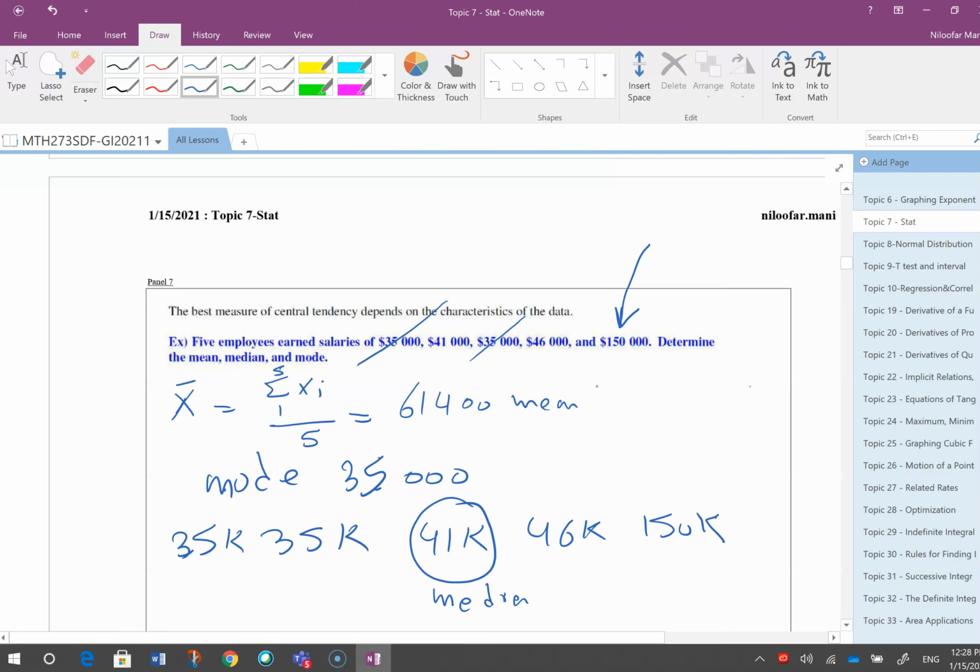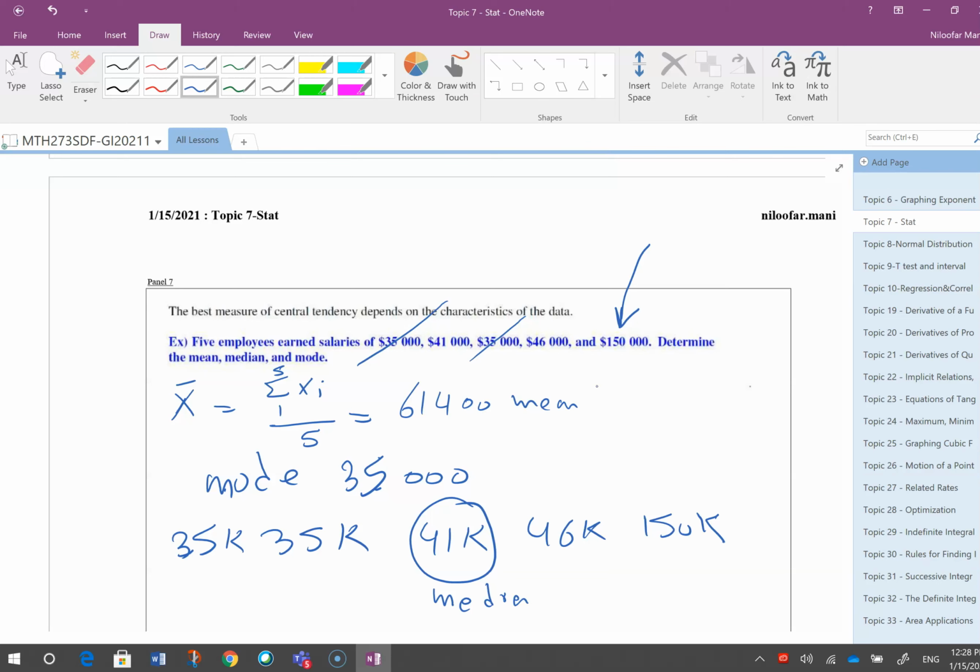I just want to show you one example. I have 5 data points, but median is a good representative because 150,000 makes the mean very large and far from most of the data. Mode is also far, at 35,000.